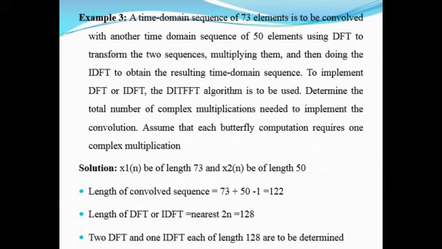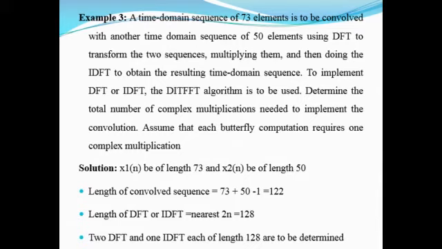So from this equation, x1 of n length is 73 and x2 of n length is 50. So the length of the convolved sequence will be the sum of these two minus 1, that is 73 plus 50 minus 1, so 122. So the length of the DFT or IDFT is the nearest value that is a power of 2, that is 2 power n, which is not 122, but 128.